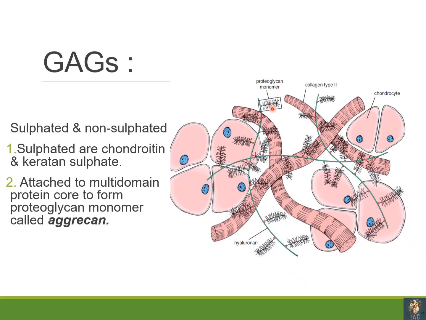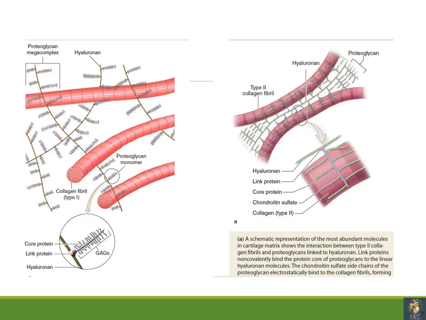This proteoglycan monomer is attached to hyaluronic acid by means of the linker protein which is present at the junction of these two. So these green colored fibers are basically the hyaluronic acid, and the bottle brush like structure attached to it is the proteoglycan monomer. These are the collagen fibers which are present over here, and these are the different connective tissue cells which are present over here.